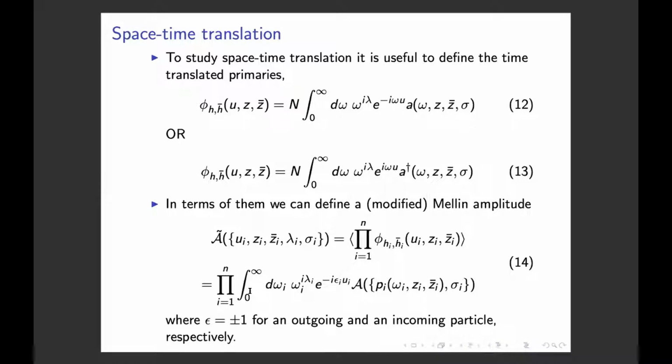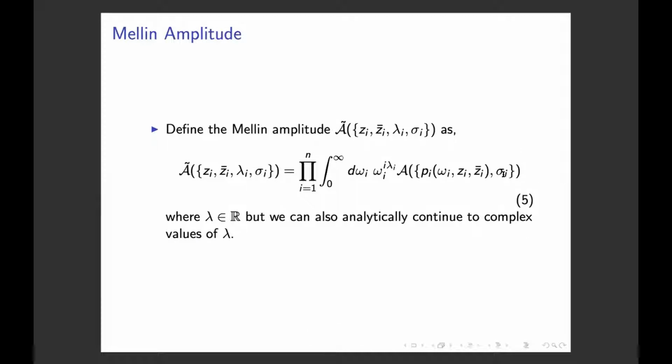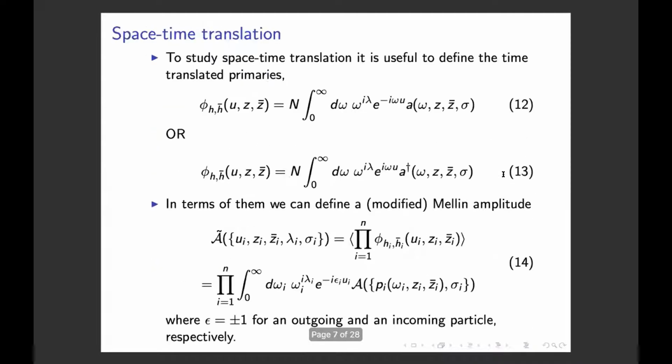And then you can change this integral transform. Our integral transform was like this equation 5, but now we have these extra phase factors, so you just introduce them, and then this becomes this A tilde, which depends on U, Z, Z bar. That is given by this integral with these phase factors.